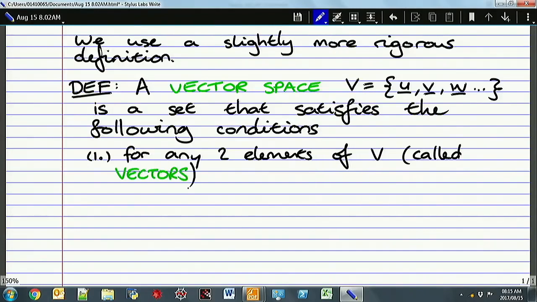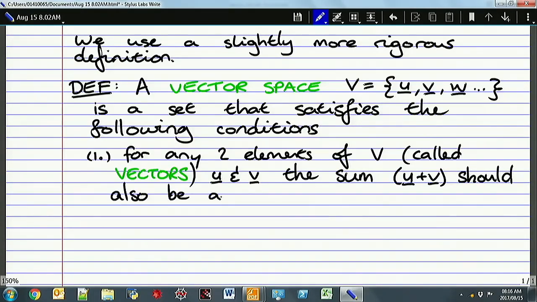For any two elements of V called vectors, u and v, the sum u plus v should also be an element of V.